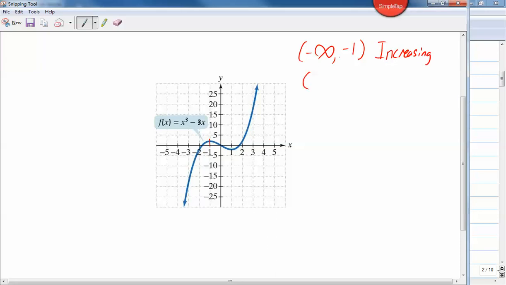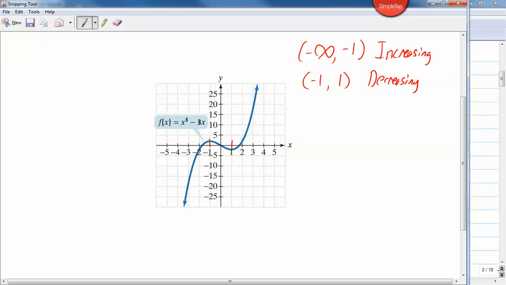Then the next interval starts with that same number that I ended with, from -1 until I get to +1. Right here, I'm decreasing.